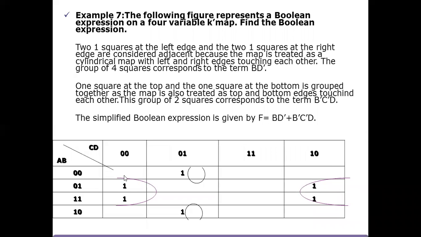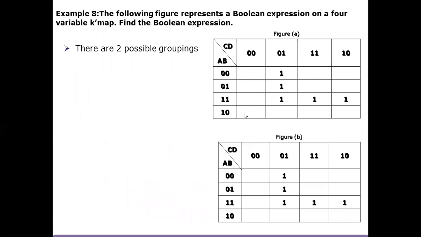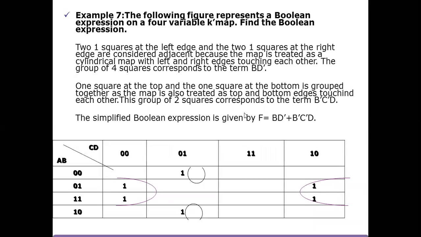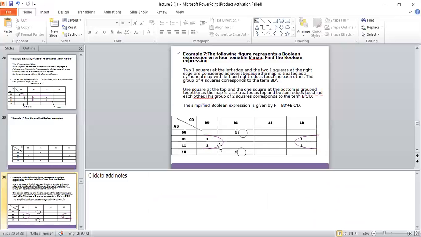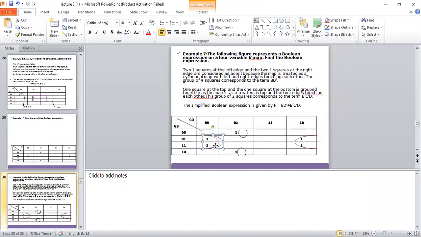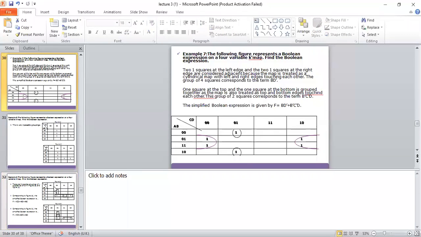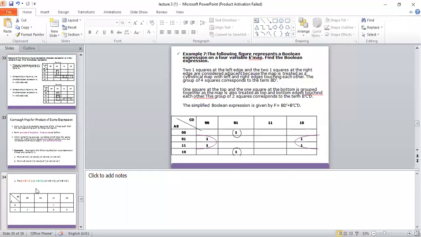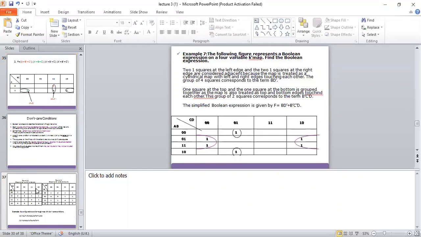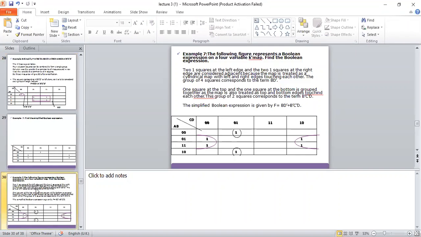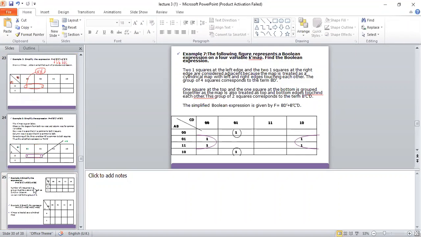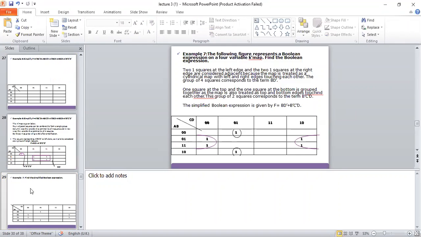So it should be something like this again.